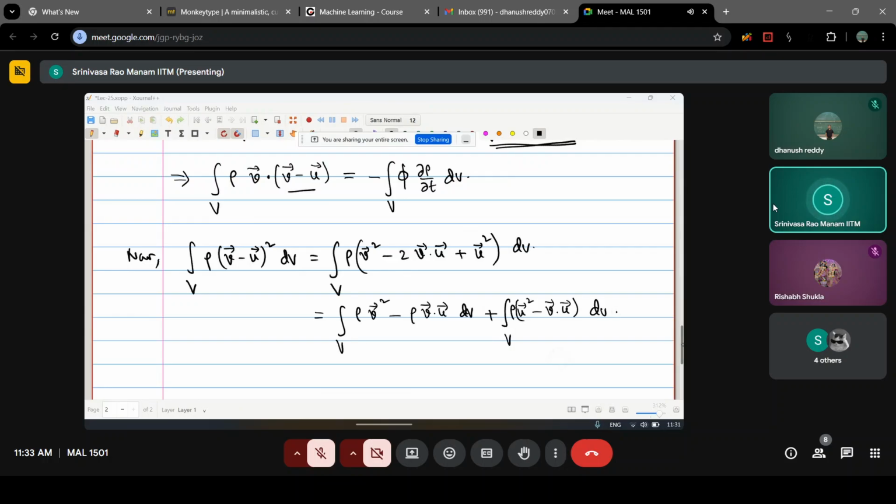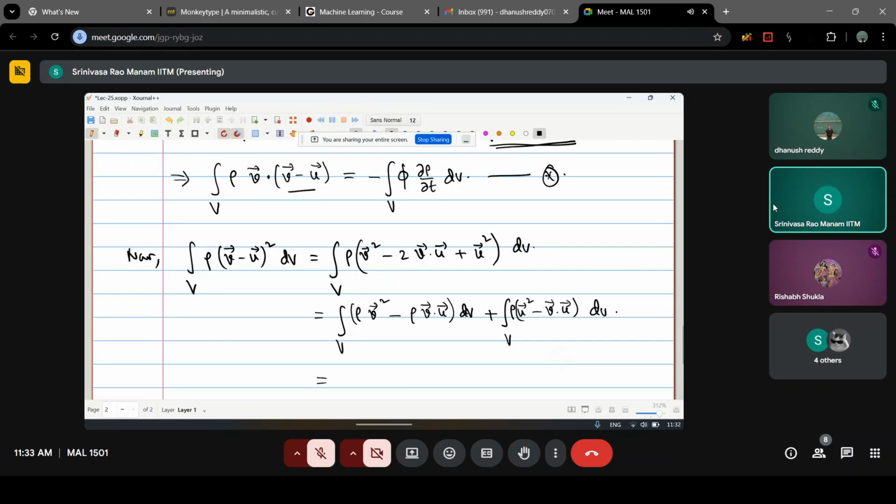So this we can replace using this one. This is exactly from star.